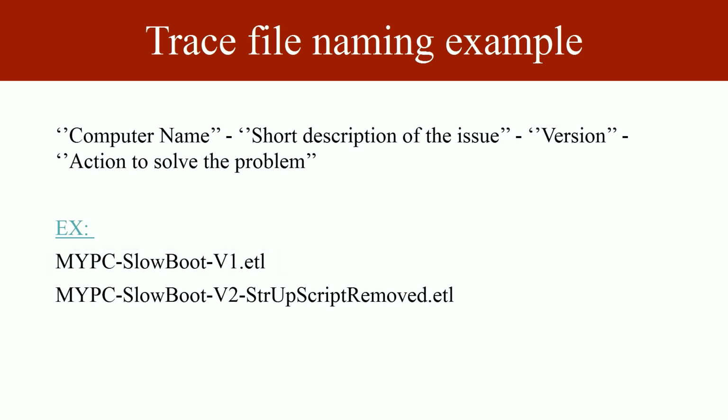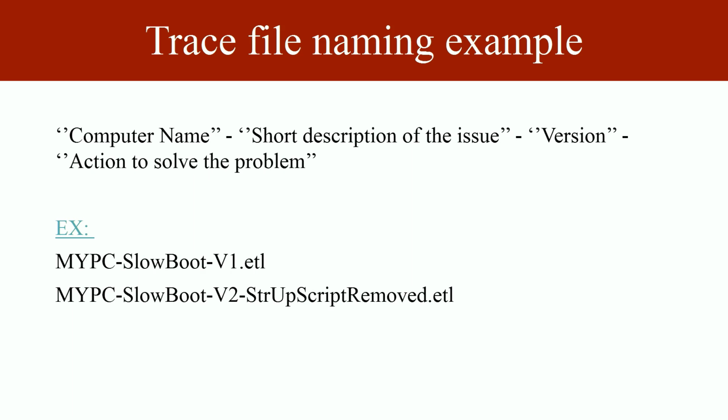After you have analyzed the trace and have identified, let's say, a script as slowing down your boot, you remove the script and take another trace and give it the following name: mypc-slowboot-v2-startup script removed.etl.